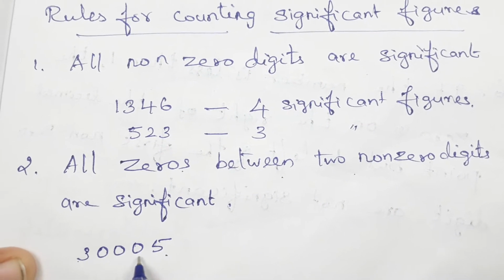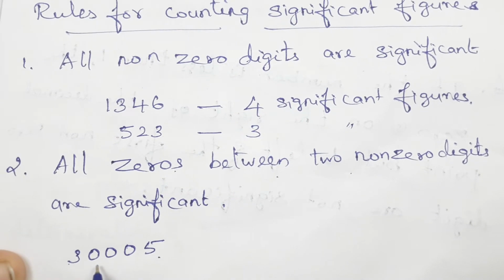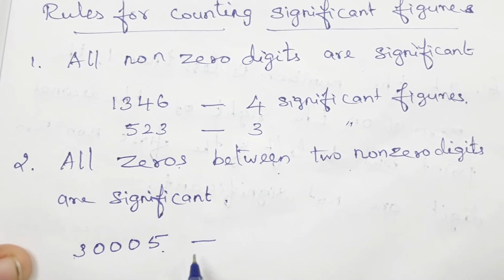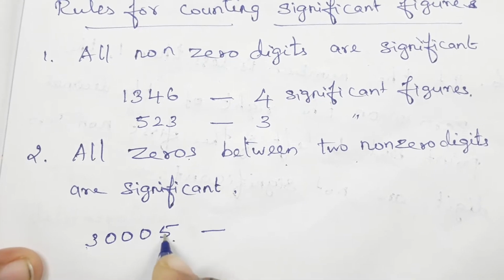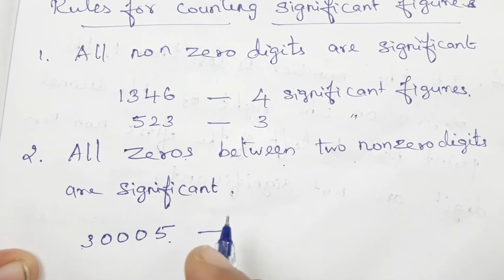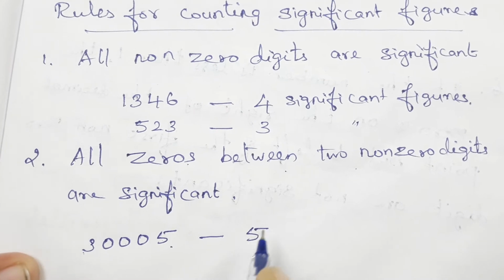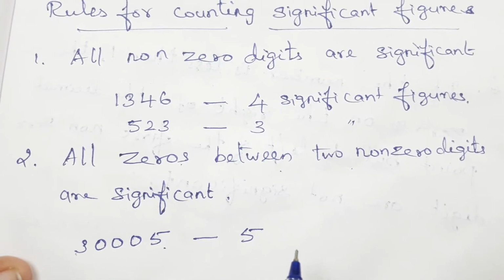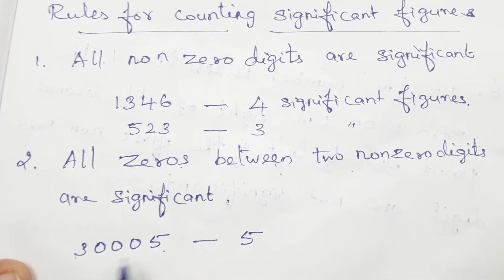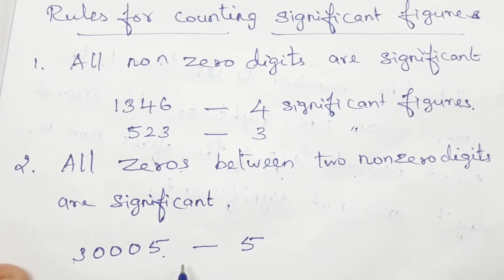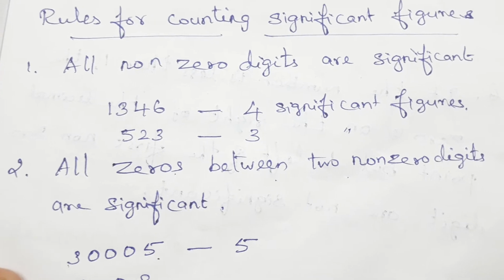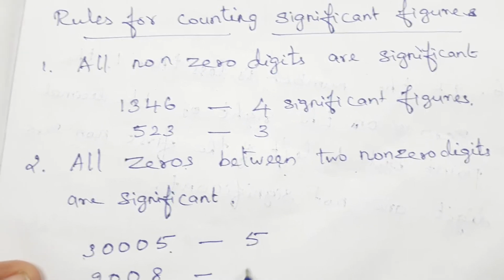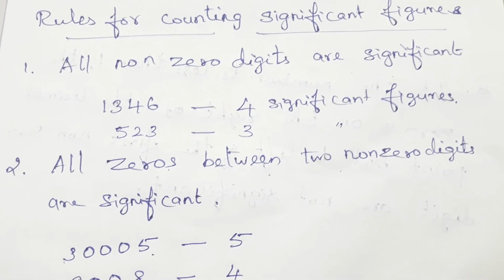So these zeros are included for the significant figures. So how many significant figures are there? 1, 2, 3, 4, 5. So it has 5 significant figures. All the zeros between two non-zero digits are significant. So 2008 has 4 significant figures.